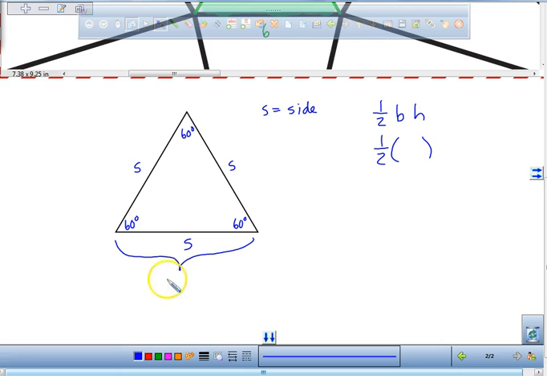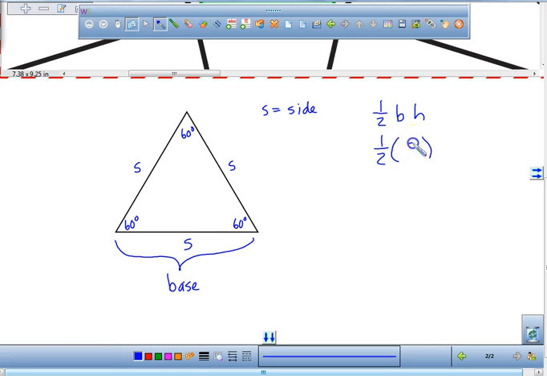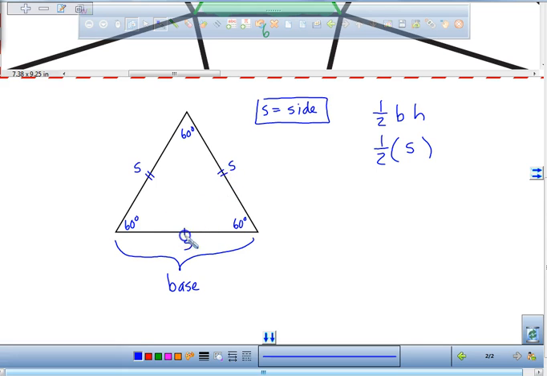What's the base going to be equal to? Like, what symbol did I say the base is equal to? S. So just put in 1/2 S in your journal. And what does S once again represent? S equals the length of the side. So make sure I put double tick mark, double tick mark, double tick mark to let you know that all those sides are indeed congruent.